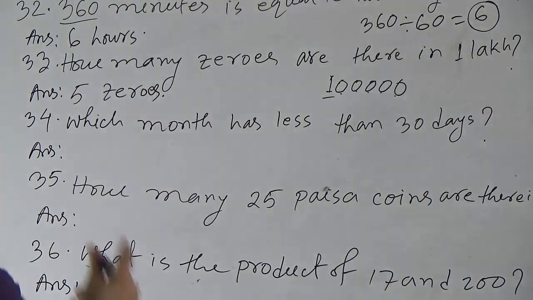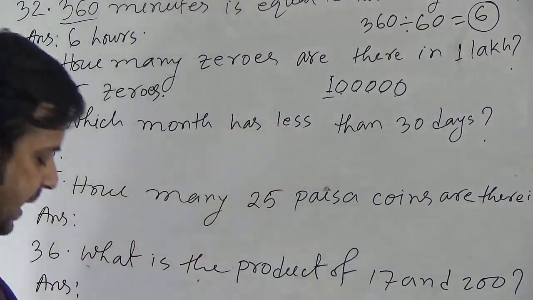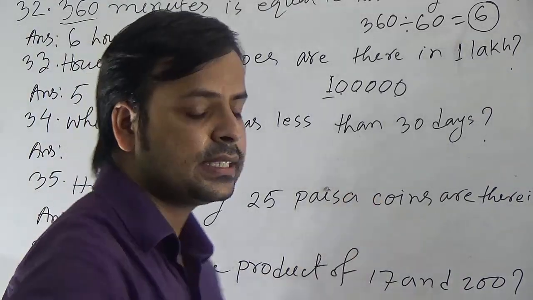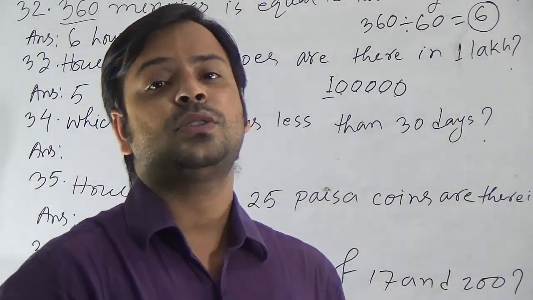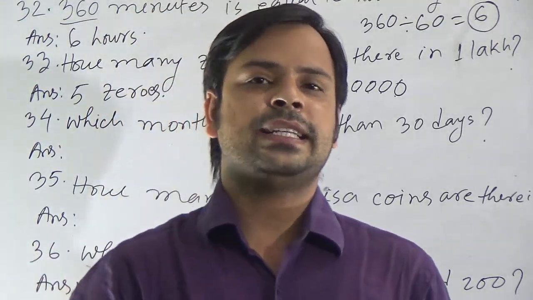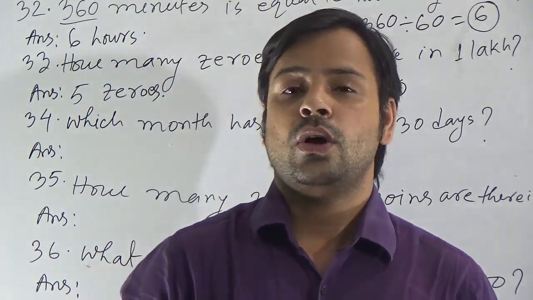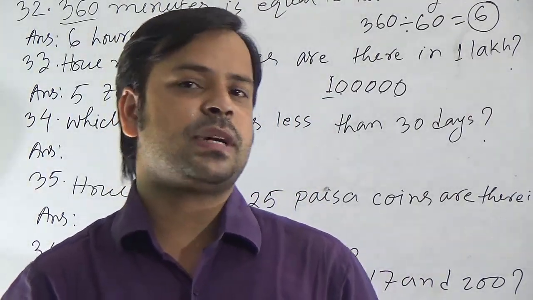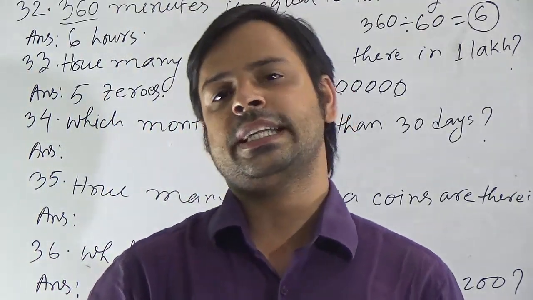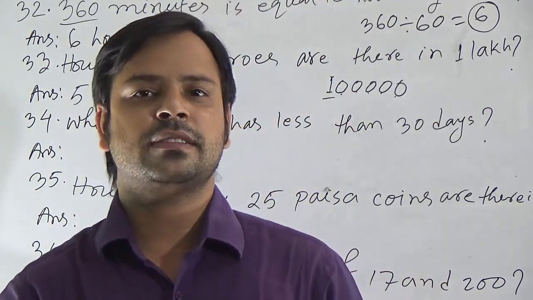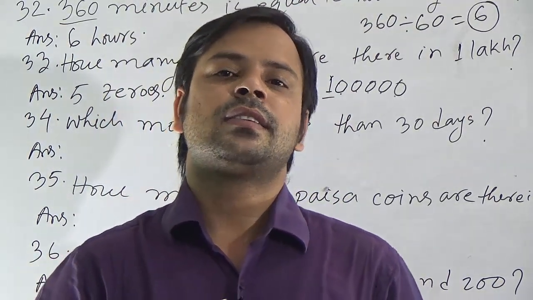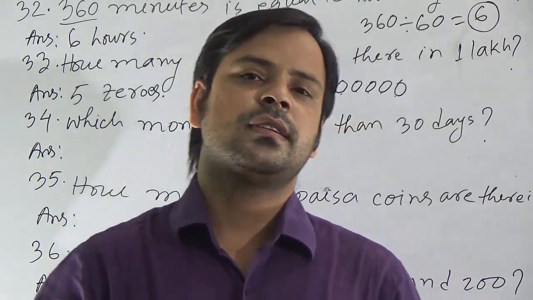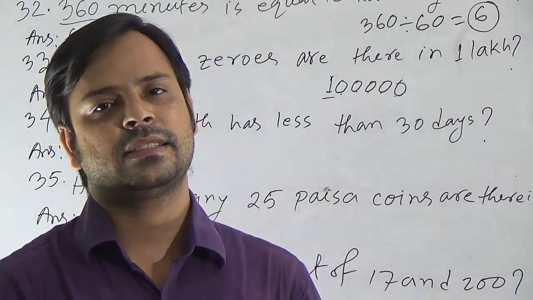Go to the next question. Which month has less than 30 days? Dear students, you know there are 12 months in a year, and all the months don't contain the same number of days. Some months contain 30 days, some months contain 31 days, and some month is less than 30 days.